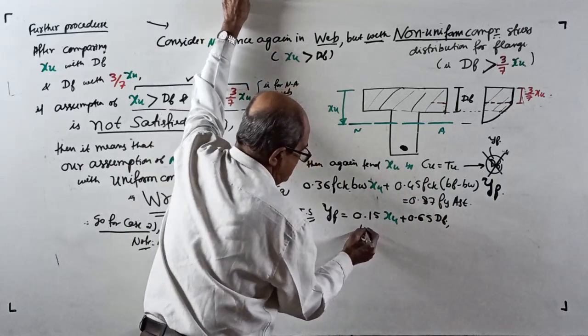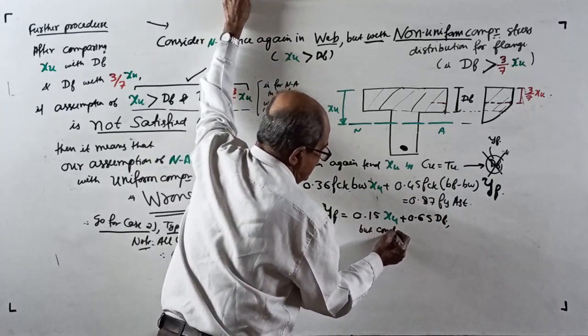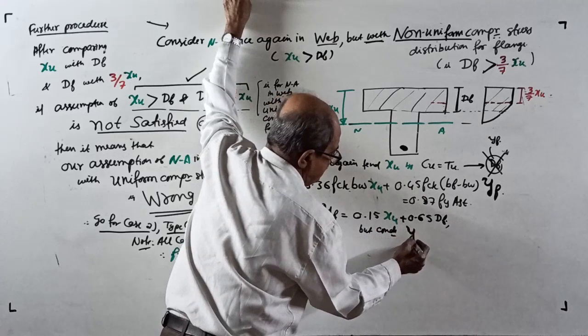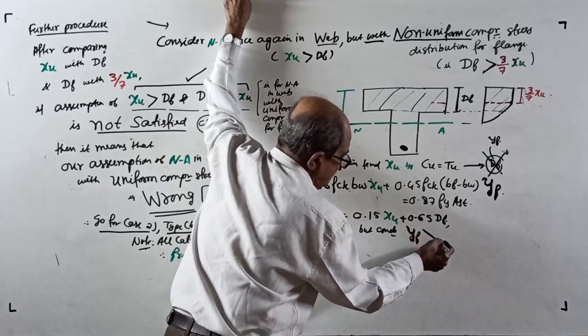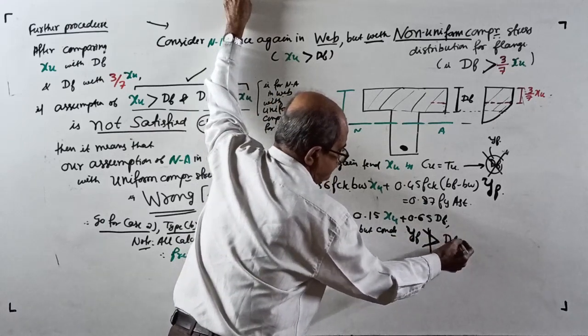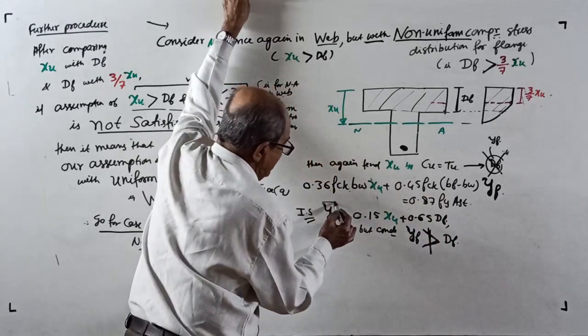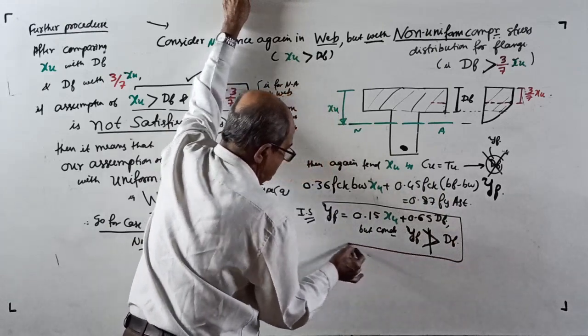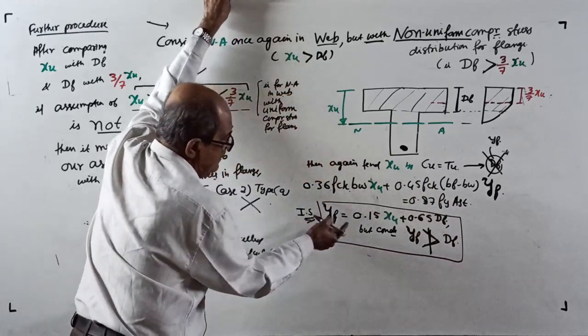But remember the condition: YF is not to be taken more than DF. This I will explain when I do a problem. Remember, this is actually given in the IS code.